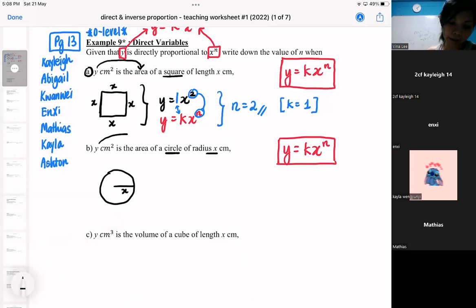I'm guessing some of you may have forgotten: do you remember the area of a circle is pi r squared, and the radius is x?